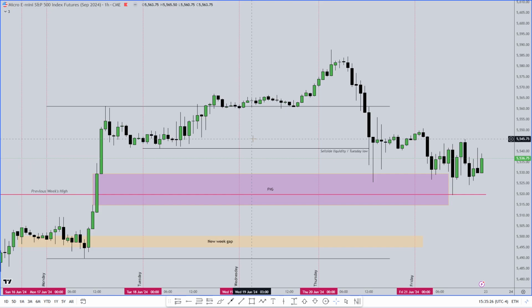So ranges can break, retest, and continue in the direction of the break, or they can invert. They can break, invert, and then continue in the direction of the inversion. So this is an example where price will break bullish, retest a discount array, and continue bullish.